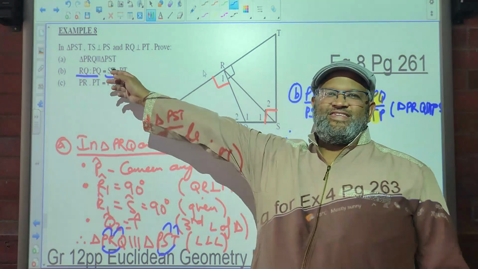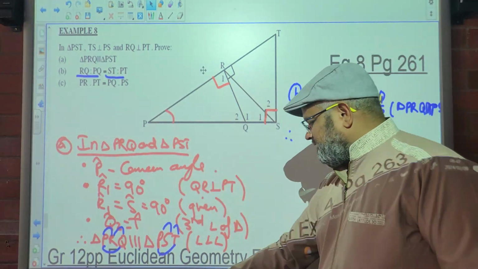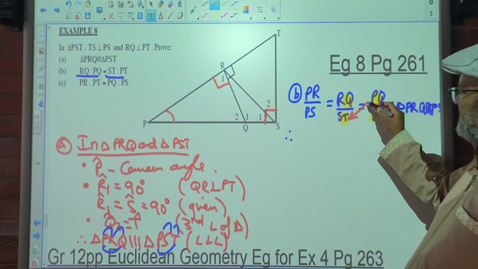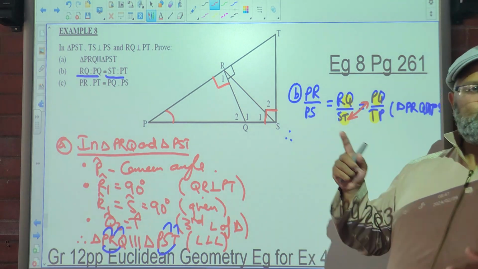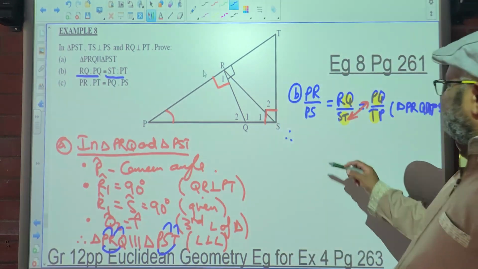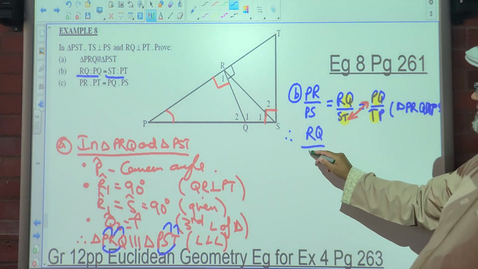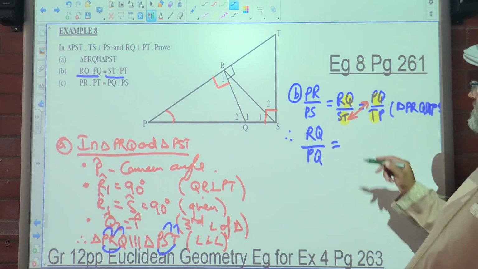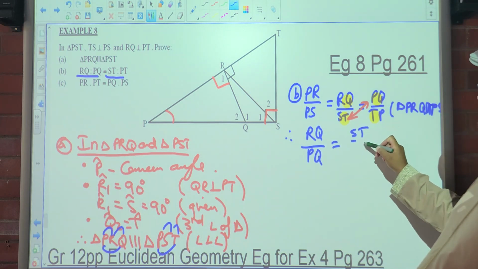But that's not what they want there. Not so? So what do I do? I cross multiply. I interchange those two. Remember when we did the ratios, we could have interchanged that. Not so? So that is what I'm doing here. I'm going to now say that RQ over PQ is equal to ST over TP.